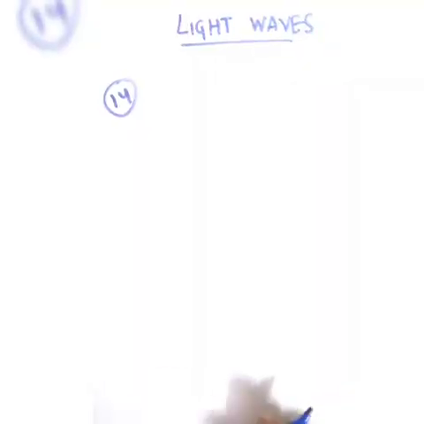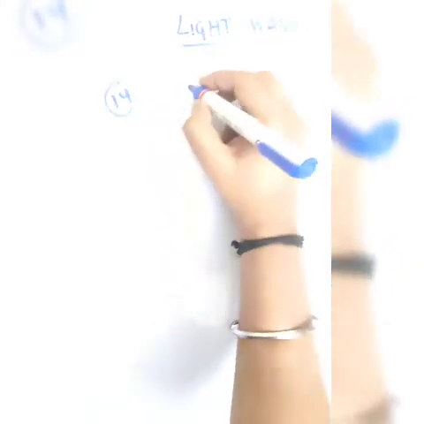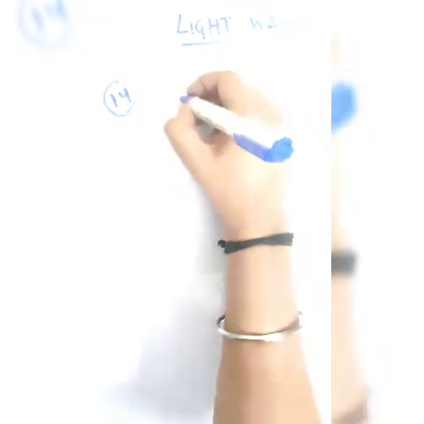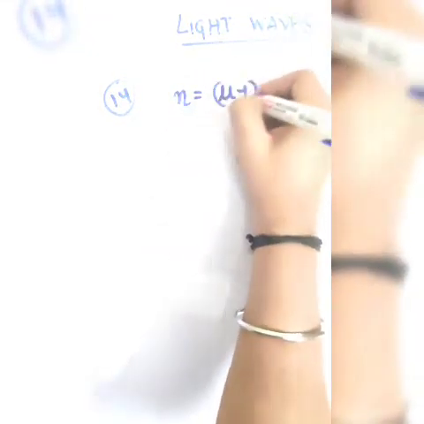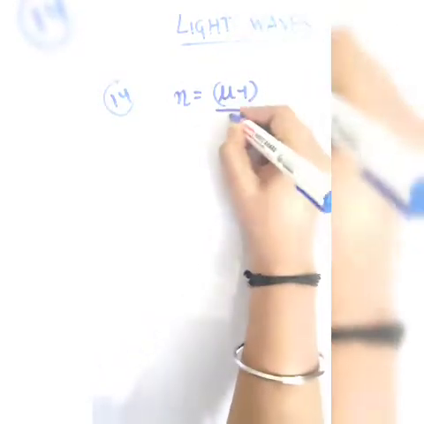Now in question number 14 we are asked to find out how many fringes will cross the center if the paper is removed. Again in this question we are asked to find the number of fringes that will cross. This is similar to one of the solved examples we saw from HCV. So I will quickly write the formula. The formula that we derived was that n, the number of fringes, is equal to mu minus 1 times t over lambda.